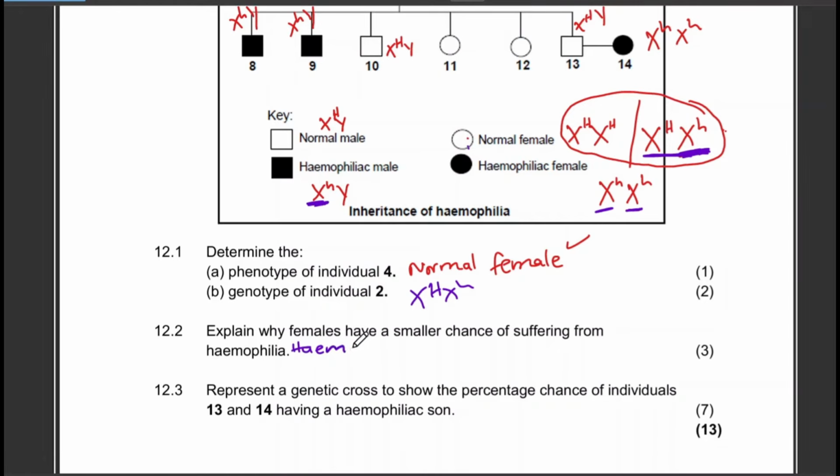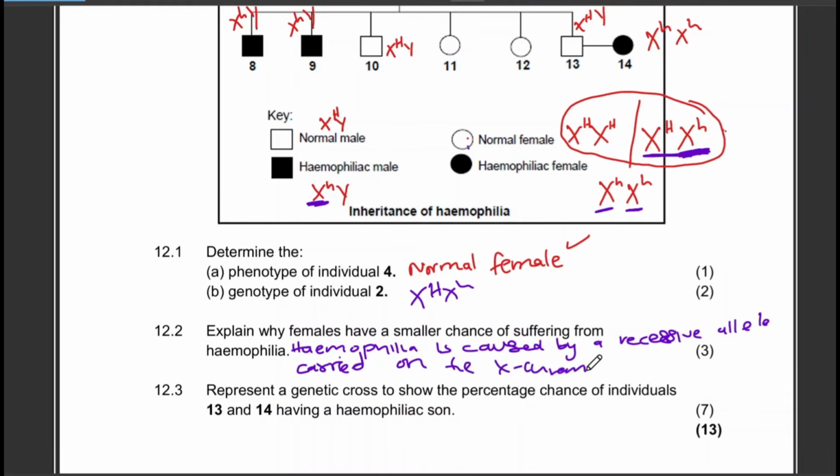So, hemophilia is caused by a recessive allele carried on the X chromosome. I'm running out of space.